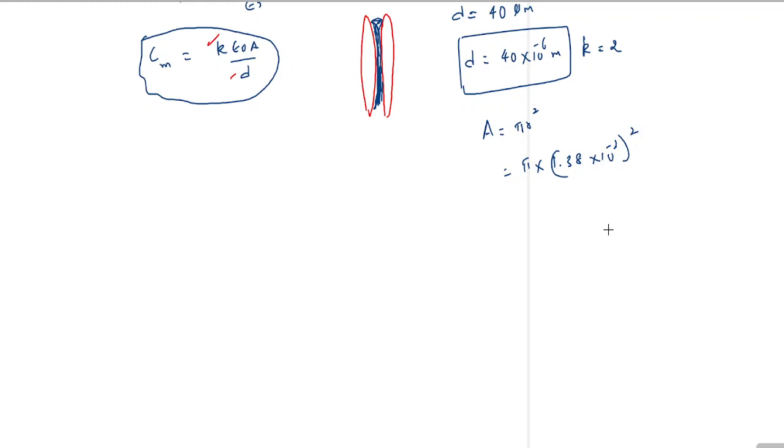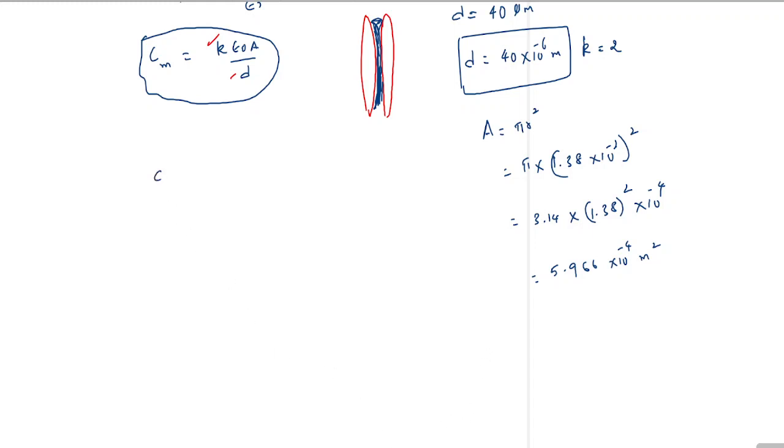That is equal to 3.14 into 1.38 the whole square into 10 power minus 4, which is around 5.966 into 10 power minus 4 meter square. You all can verify this. The answer will not change.